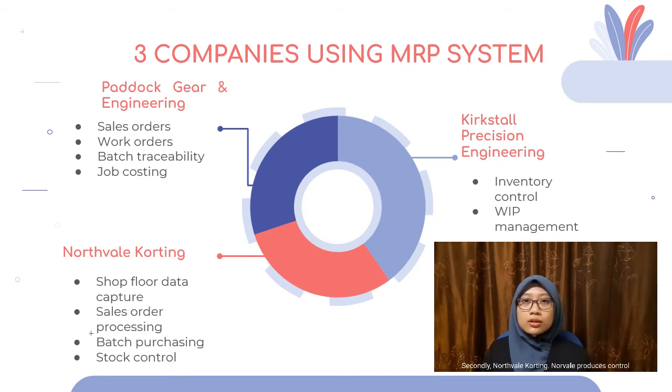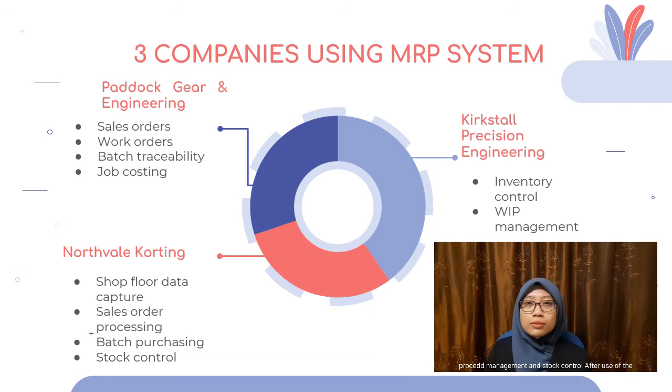Secondly, Northvale Coating. Northvale produced control valves for the automotive, petrochemical, marine, nuclear, water treatment, and oil and gas industries. Northvale lacked key operational features in the modern business process. Because of this, Northvale decided to adopt an MRP system to assist with operational control, internal process management, and stock control.